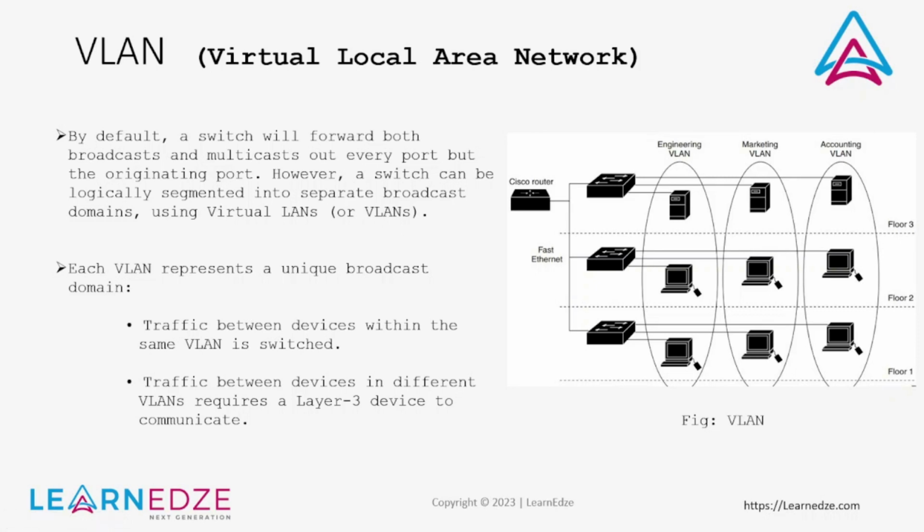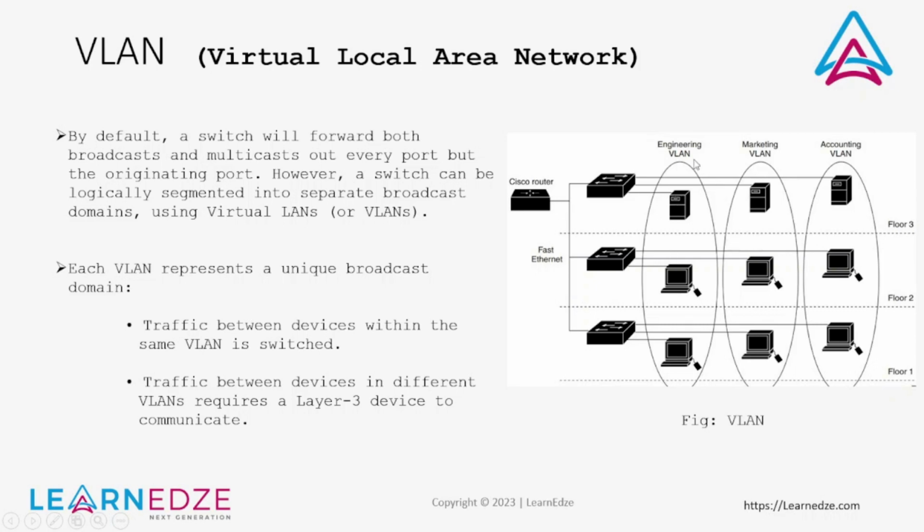We can configure three different networks, but in that scenario we need multiple routers. Since routers are costly devices, it will not be a reliable solution. So in that case the VLAN concept comes.